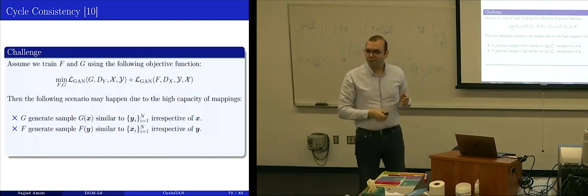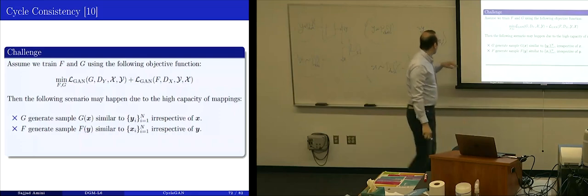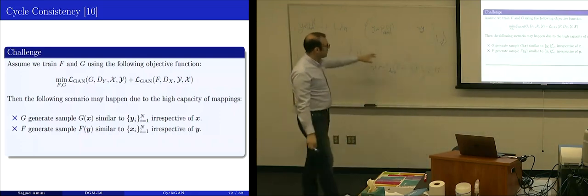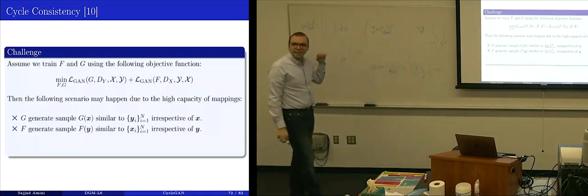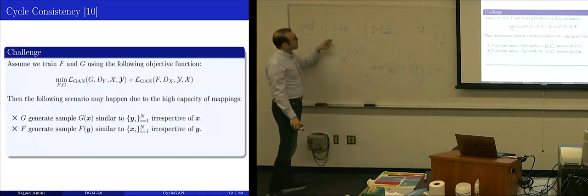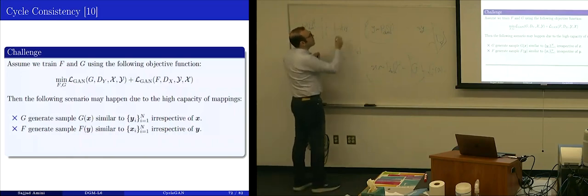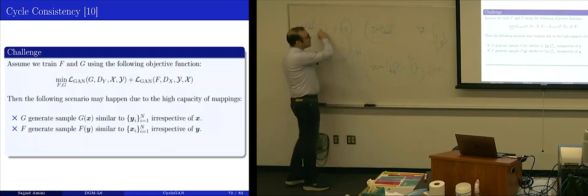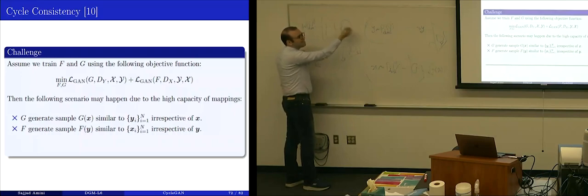But what's the problem? There is still a problem here, because these transformations have high capacity. They can generate samples irrespective of the input. The content does not appear in the loss function. Because this F has a high capacity, it can generate F of y irrespective of y.